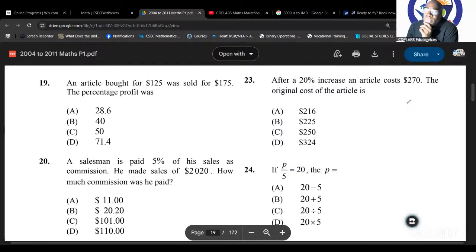So what they gave you is the price after the increase, and what they want to find is the cost price before. After a 20% increase, an article costs $270. The original cost of the article is what? Now, the question is, how do we find what it was before the increase?